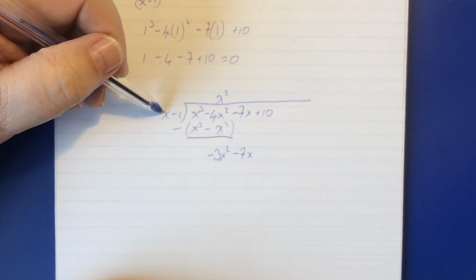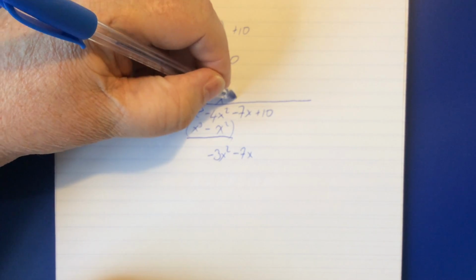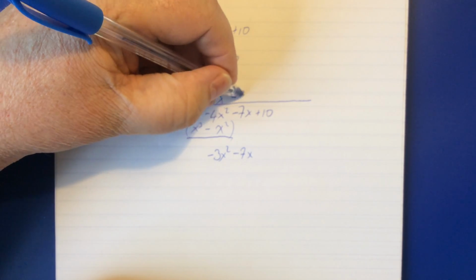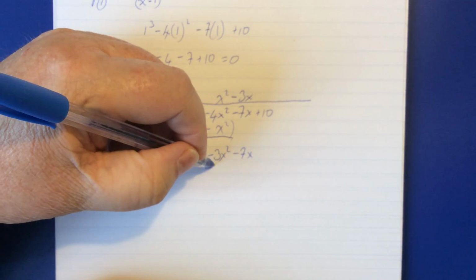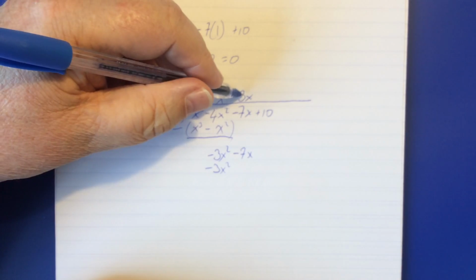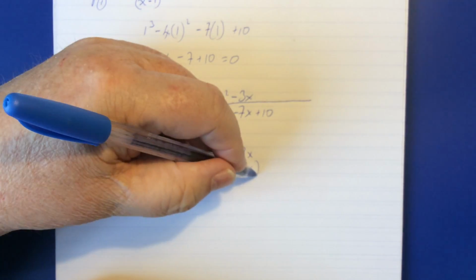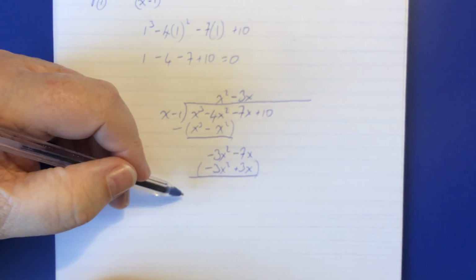What do I do to x to get negative 3x squared? I multiply it by negative 3x, negative 3x squared plus 3x, and I will subtract that.